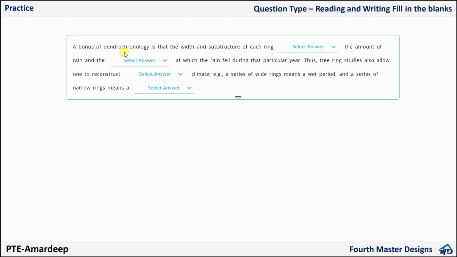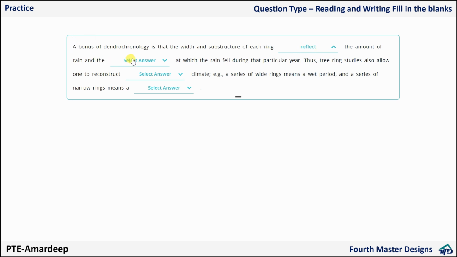A bonus of dendrochronology is that the width and substructure of each ring dash the amount of rain. Each ring shows, each ring reflects. It shows, it reflects. The rain and the dash at which rain fell during that particular year.